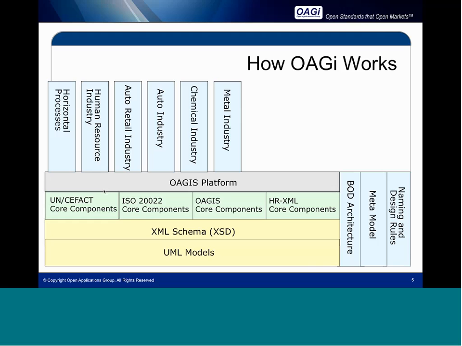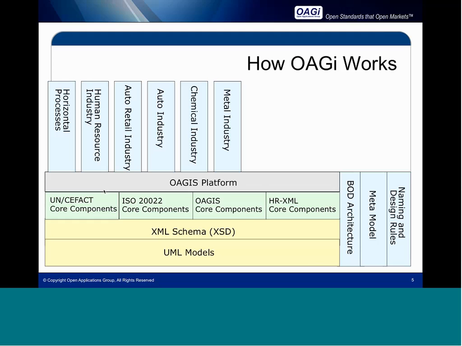And so UN/CEFACT, for instance, specifies various core components around data types, and ISO provides various core components for things like financial standards and currency code lists and country code lists. OAGis has specified its own core components. HRXML has specified core components for the human resources industry.